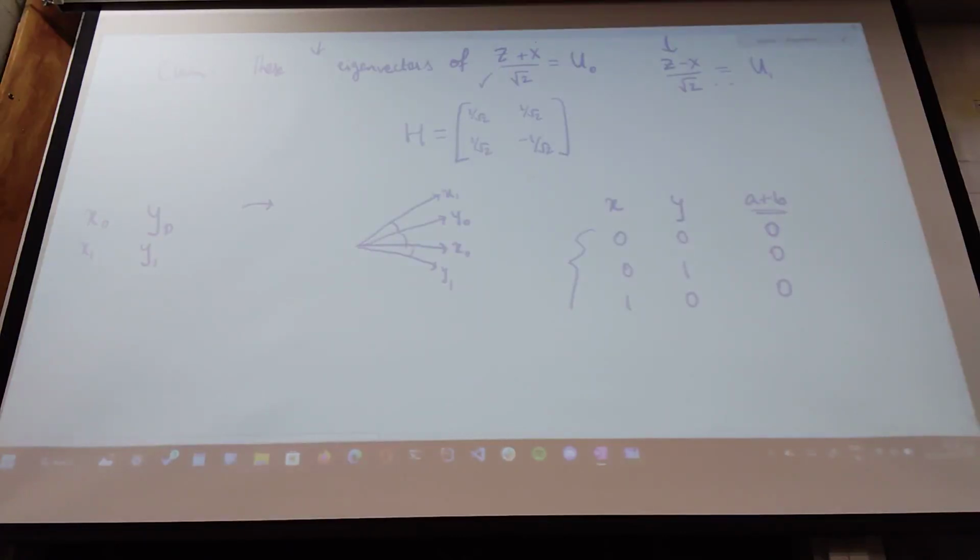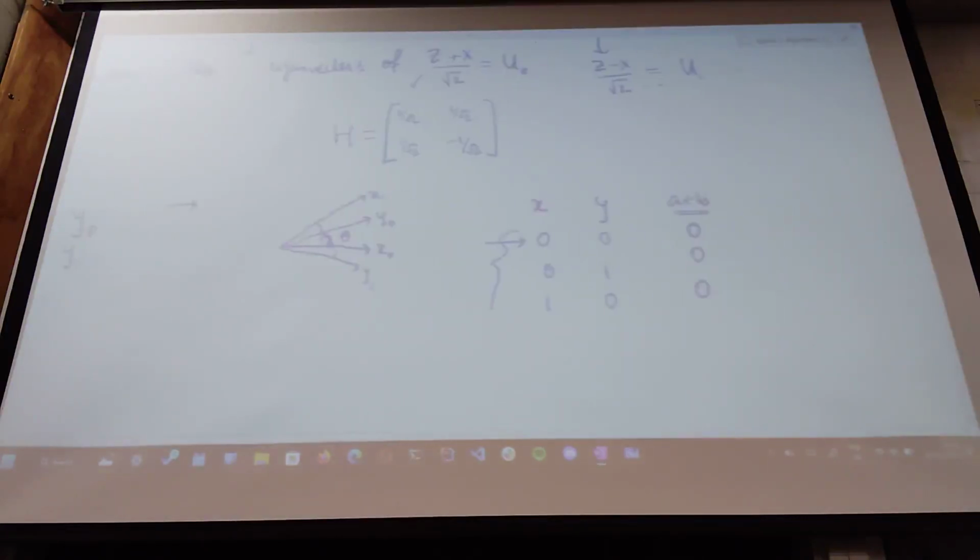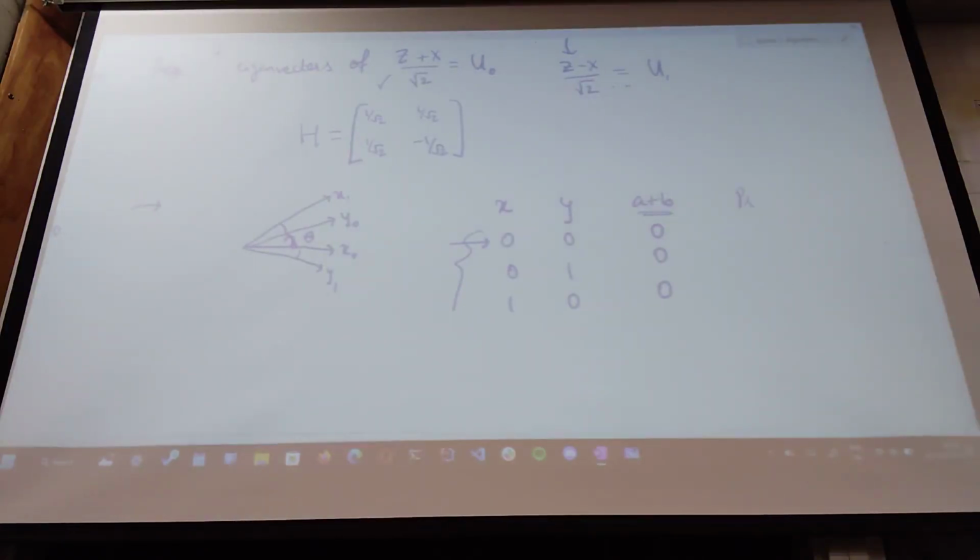So let's go through them. If you have x0 and y0, the probability that the measurement outcomes are the same is precisely cosine squared of this angle, if you remember from earlier. And what's this angle? This is precisely cosine squared of pi by 8.